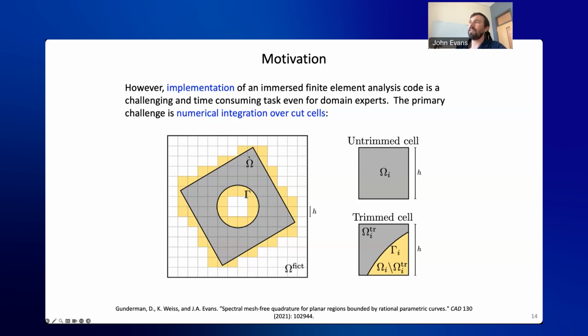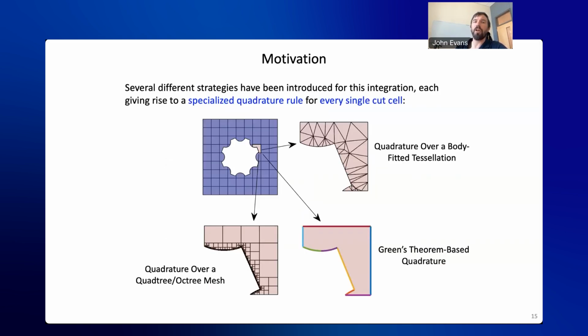But for these cells that are cut by the boundary of the domain, and what you see is an example here, where the part inside the domain is denoted in gray and the part outside of the domain is denoted in yellow, we can't use standard Gauss quadrature. And we need to come up with specialized quadrature rules for every single one of these cut cells.